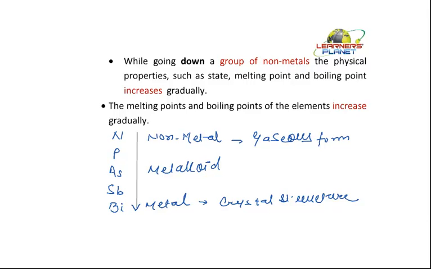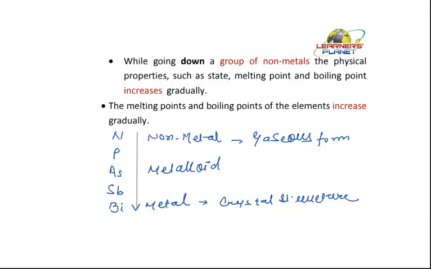So likewise the boiling point also happens like that, because there is a transition from non-metal to metal. So students, everywhere you can't apply that concept that size is increasing, so the melting and boiling point would be decreasing.